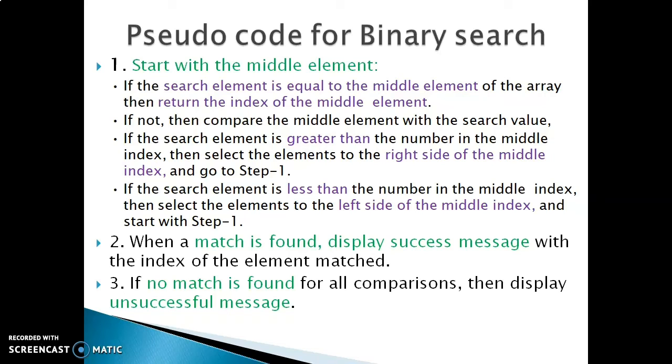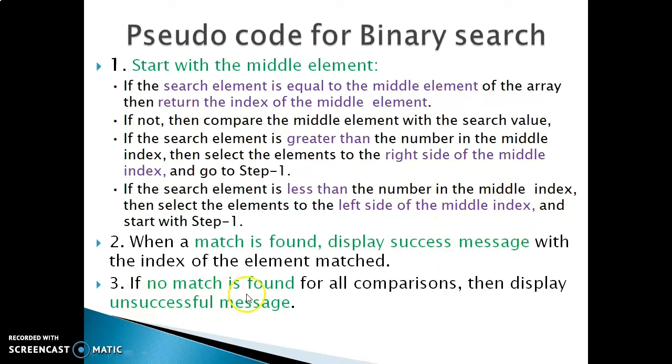If the search element is less than the number in the middle index, then the search process continues to the left side of the middle element. Then start again with step 1, that is, check whether the search element is equal to the middle element. When a match is found, display the success message, that is, return the index value of that search element.